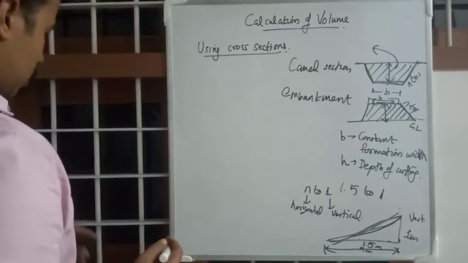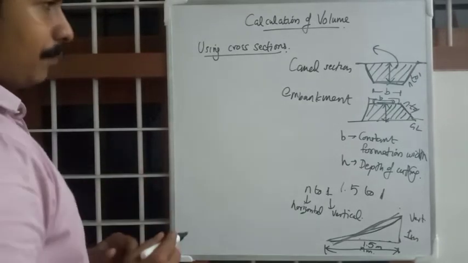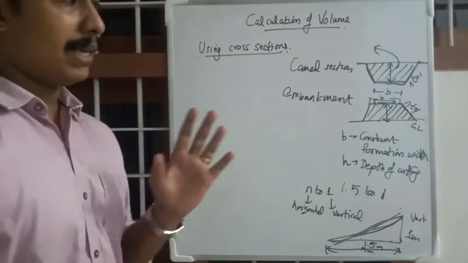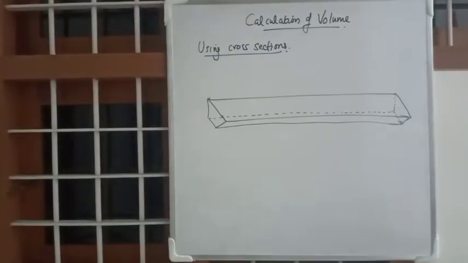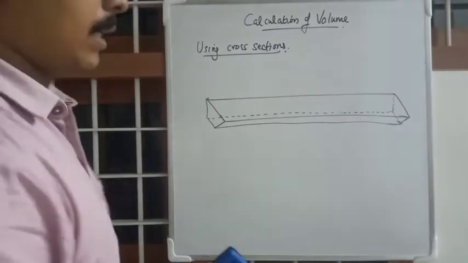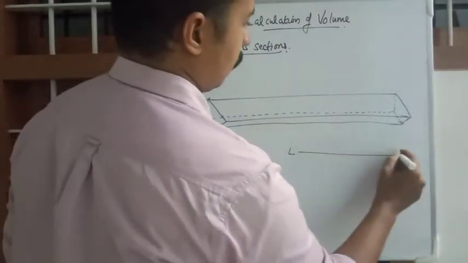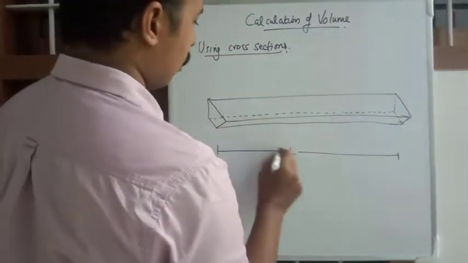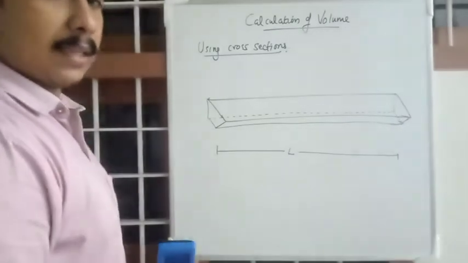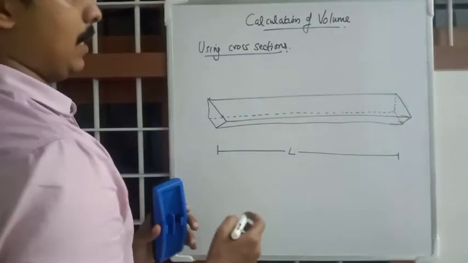So how do you calculate this volume? Be attentive. Suppose this is a representation of the length of the canal, the total length of a canal section.